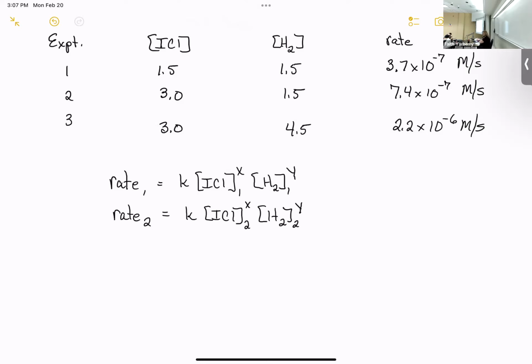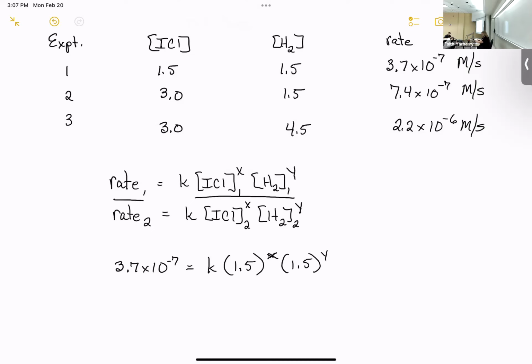Now, if we plug in values for what we just wrote, we would have 3.7 times 10 to the minus 7 is equal to the rate constant times 1.5 raised to x times 1.5 raised to y.